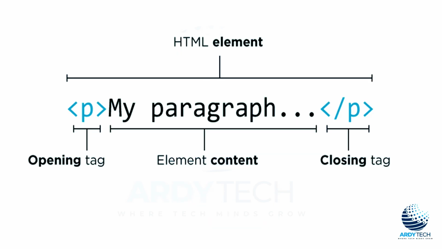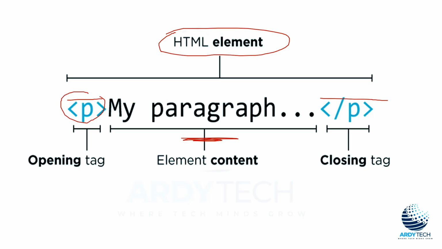Let us look at an example here. For this one, the combination of this opening paragraph and this closing paragraph together with the content here is the HTML element. So we have the opening tag here for the paragraph, and we have the closing paragraph here for this entire element. So this is the content, my paragraph.